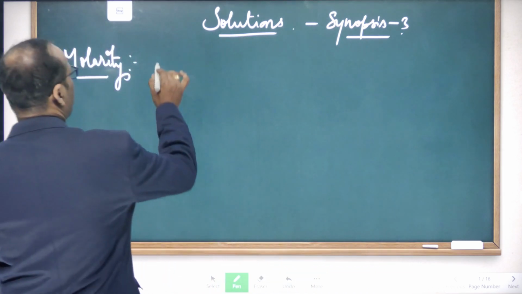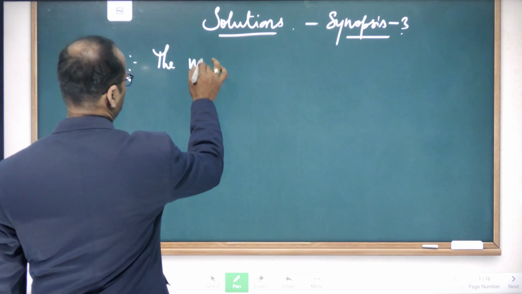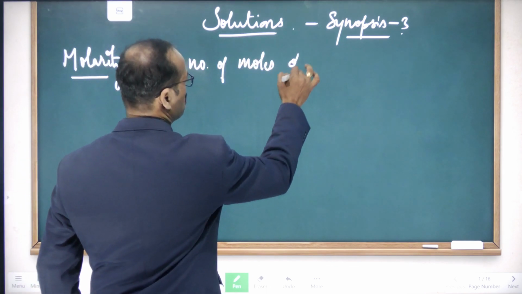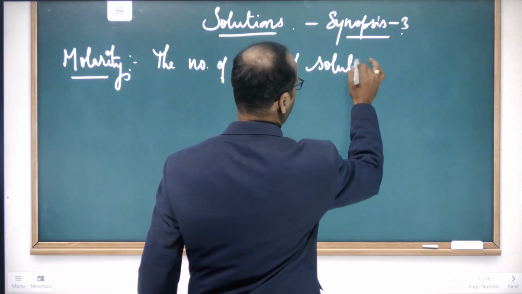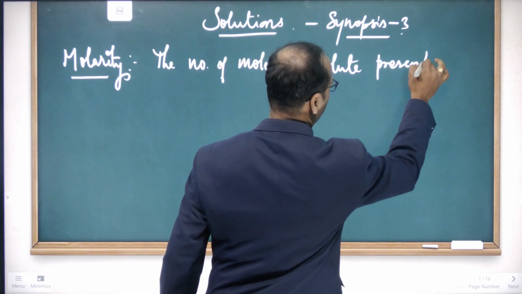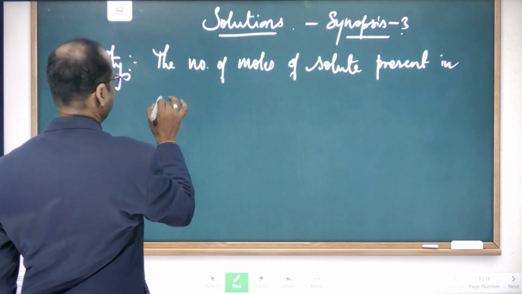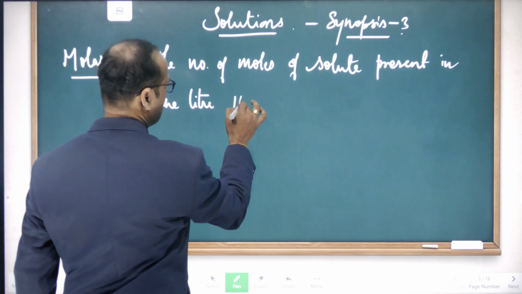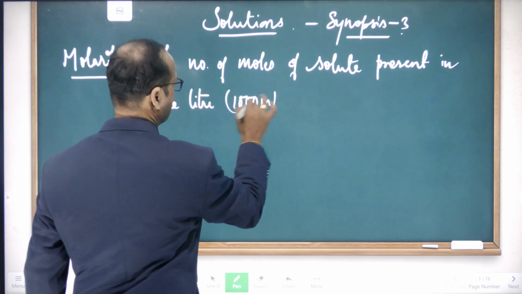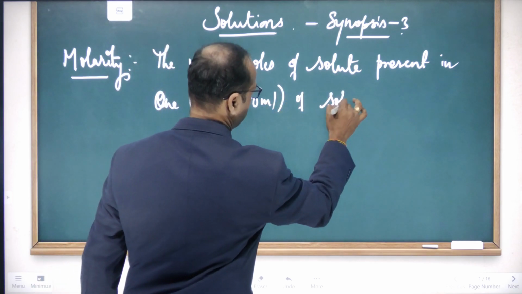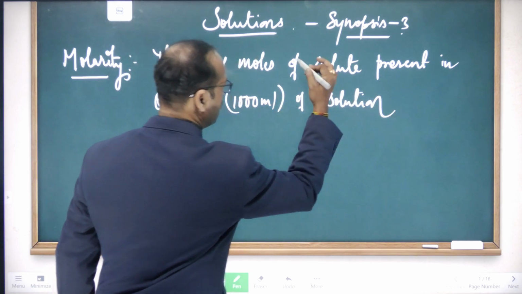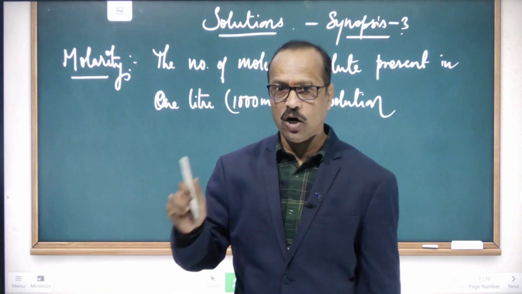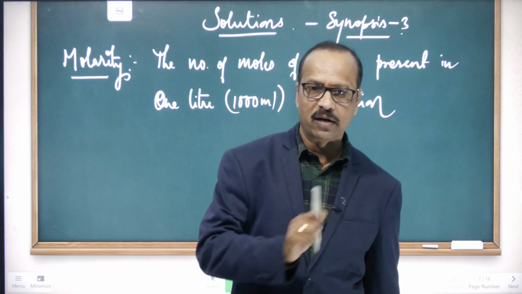Molarity is very simple: the number of moles of a solute present in 1 liter, which means 1000 ml also we can say, of solution is called molarity, right? So molarity is the number of moles of solute present in 1 liter of solution.